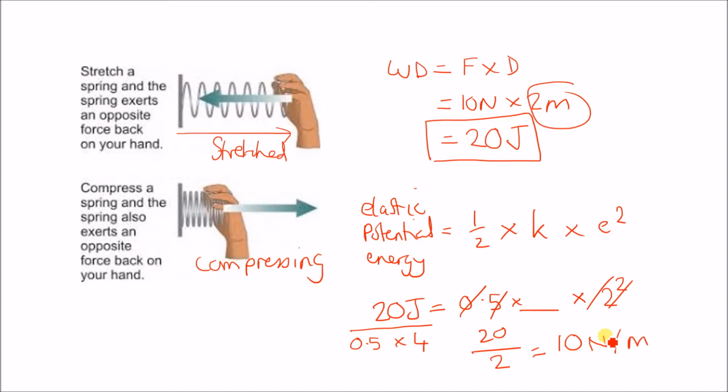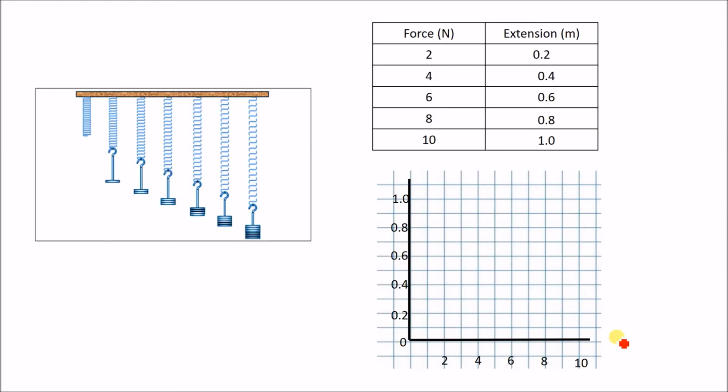Okay, so moving on to the spring constant, we're going to talk about this more now with Hooke's law. As you can see here, I've got the experiment that you did in your lessons, and we put a force of different values, so 2 newtons, and we've got an extension, and then 4 newtons, and then 6 newtons, and then 8 newtons, and then 10, and so on.